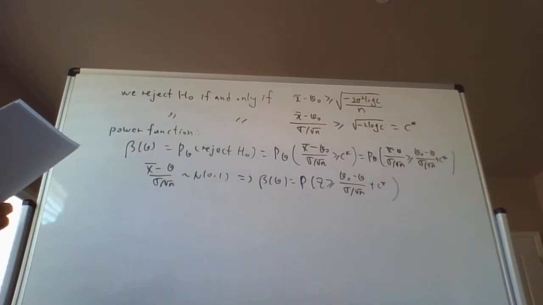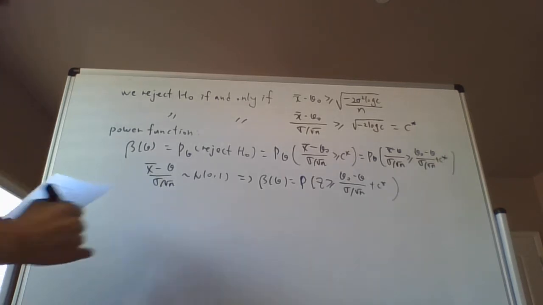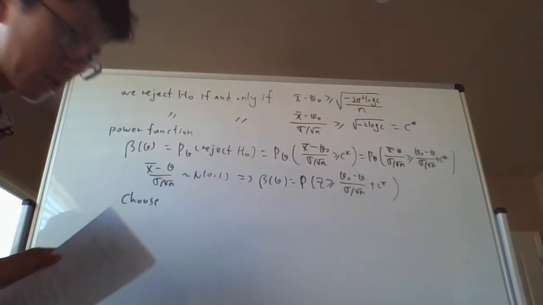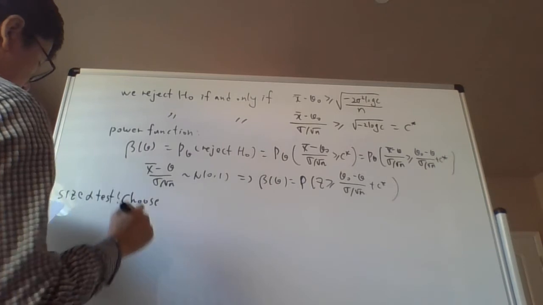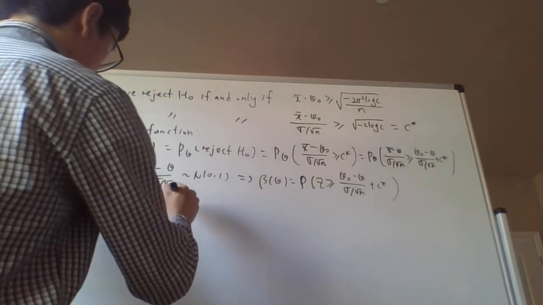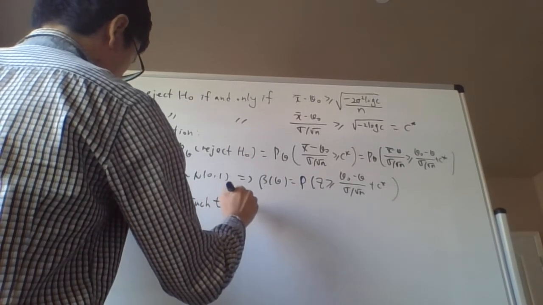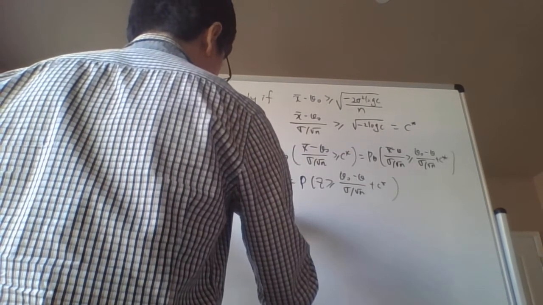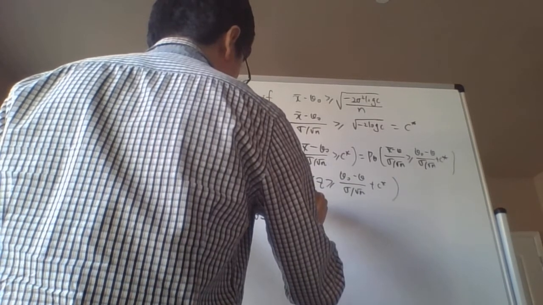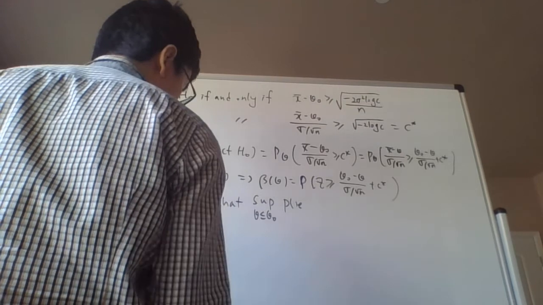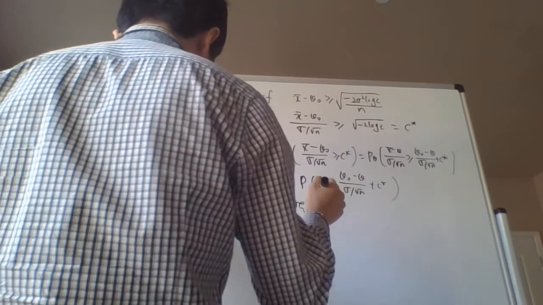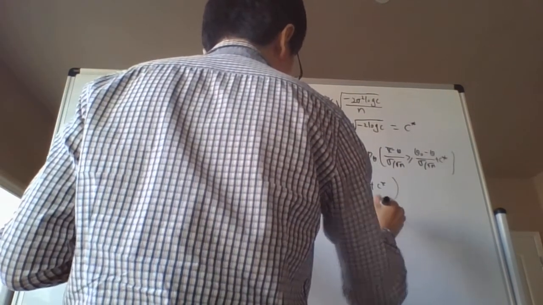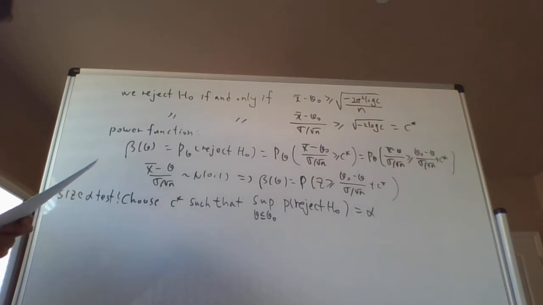And now we would like to construct the size alpha test. Then we would like to choose c star such that the supremum over theta less than or equal to theta 0 of the probability of rejecting H0 is alpha.